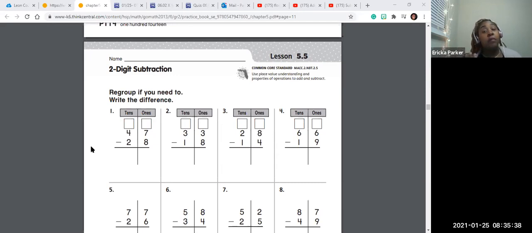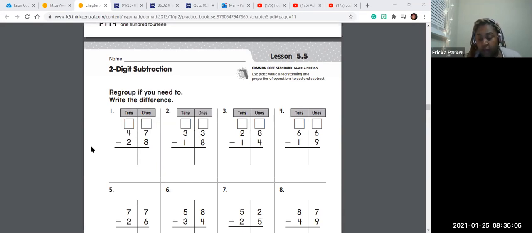However, you should have received your Module 6 packet by now so that you can have that when the time comes. So let's see. We got 47 minus 28. We got 33 minus 18. We've got 28 minus 14. Those are the problems that we're going to do.